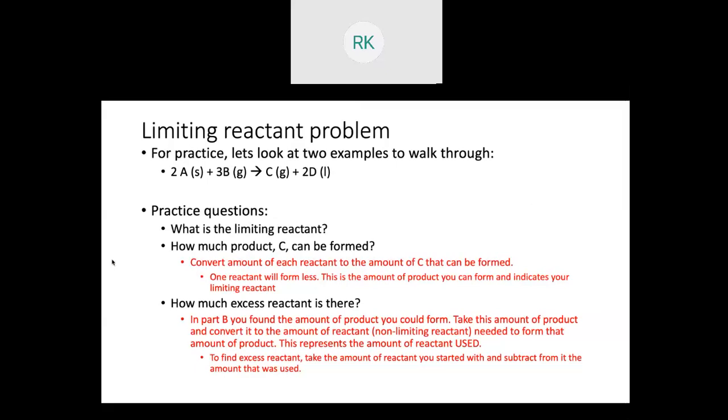So if you can form 10 grams of C, you stoichiometrically find how many grams of A it took to form C. That represents the amount that you used up. And so to find how much excess you have, you take your starting amount and subtract the amount that was used.